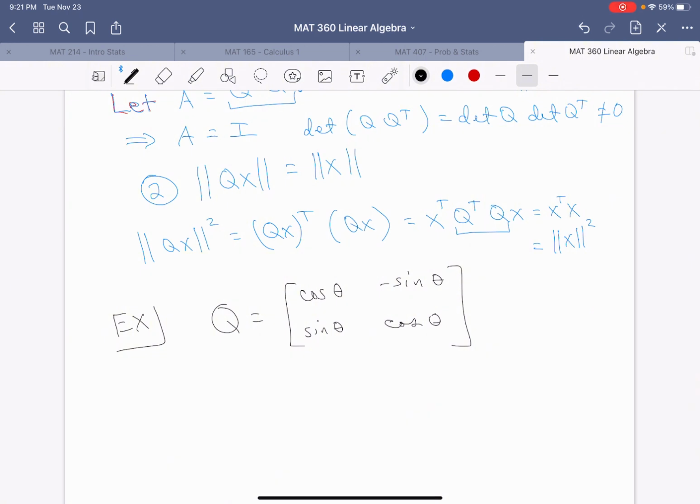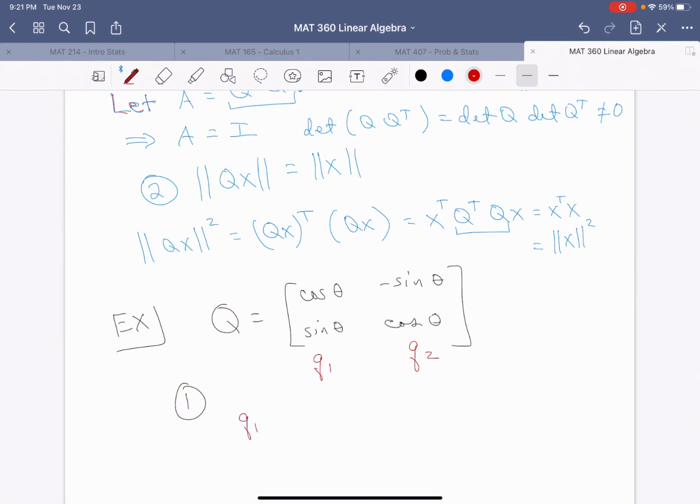Well, let's see. Definitely the normal part. So let's just check. So first, what would be the dot product of the two? So this first column is Q1, and the second column is Q2. So we really only have one dot product to check.